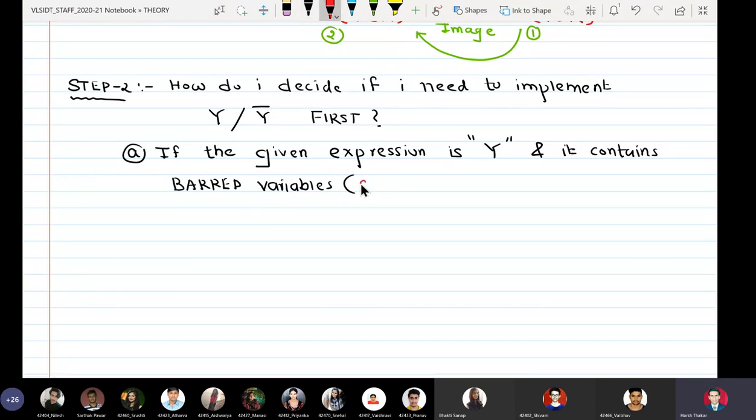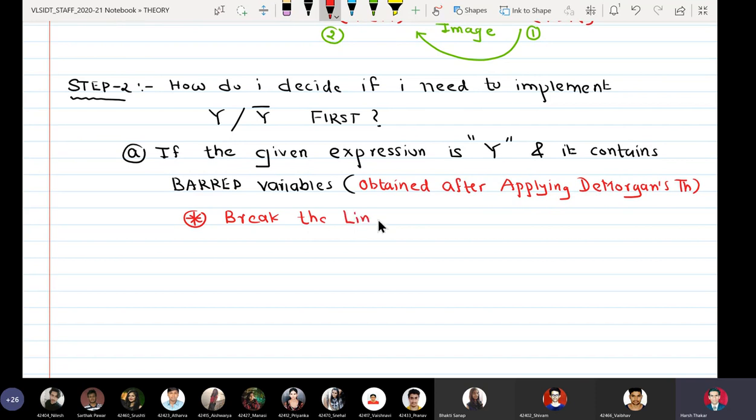I am writing in brackets: obtained after applying De Morgan's theorem. So if the given expression is y and it contains barred variables obtained after applying De Morgan's theorem, you know that De Morgan's theorem says: break the line and change the sign.